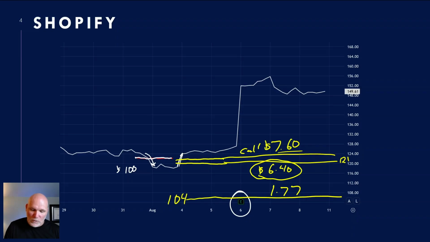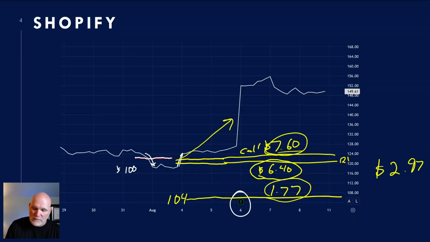If you remember, I told you that if the stock goes through the roof, I lose out on the upside, but that was not what I was intending. I'm an investor, not a speculator, so I wanted to make sure that my investment was protected. So my insurance is going to cost me $6.40, but I paid for it using this and this, which means I actually got paid $2.97 or $297 per contract.